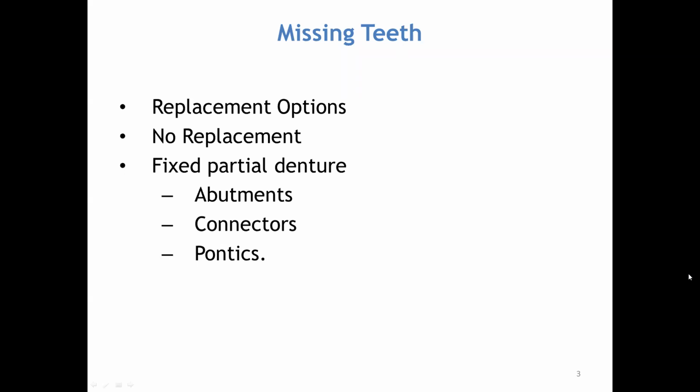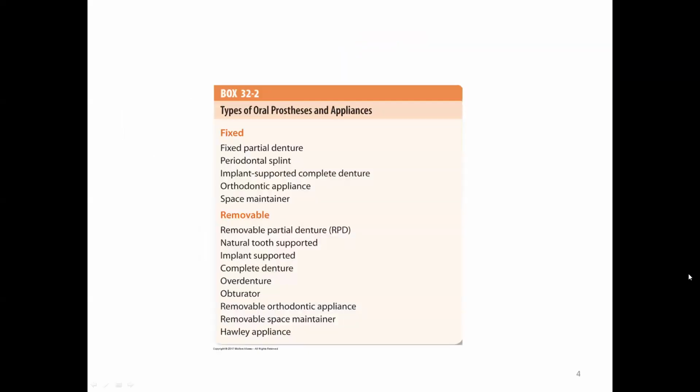Then we've got our fixed partial denture prosthetics or prosthesis, and that's commonly known as a dental bridge, and it's composed of an abutment, connectors, and pontics. And there is a table in the book that has the different types of prosthetic devices.